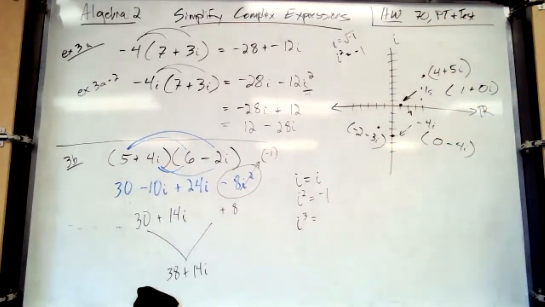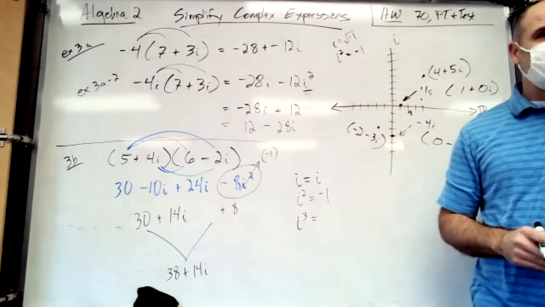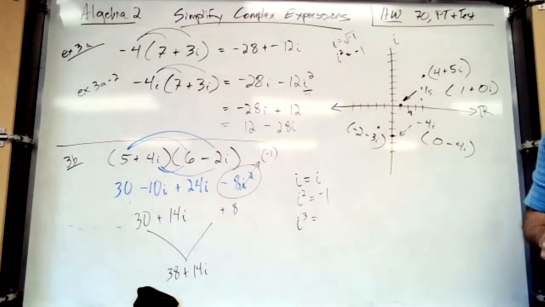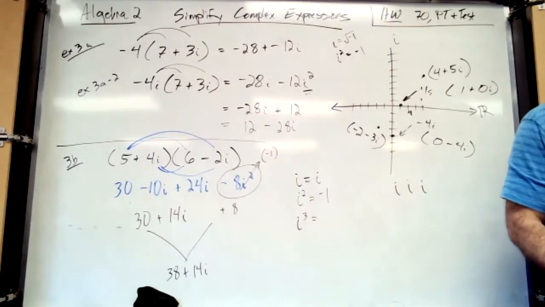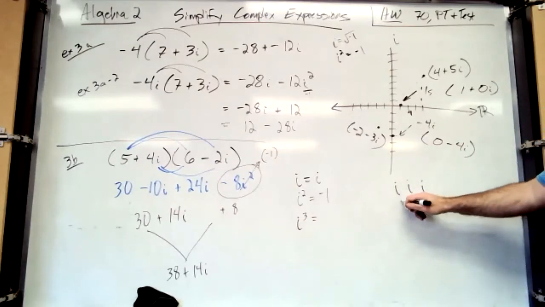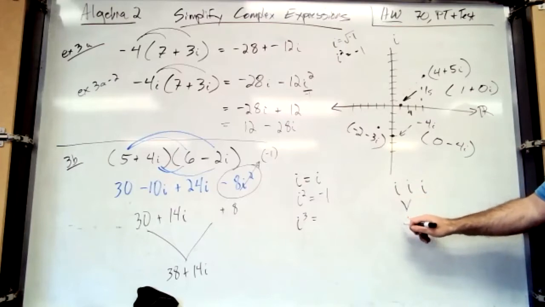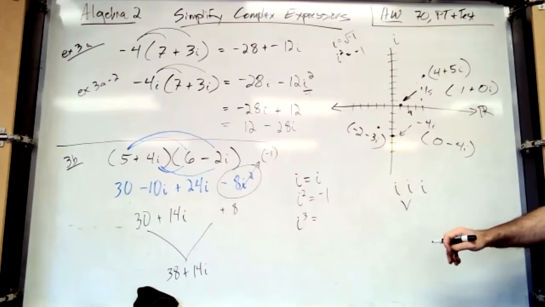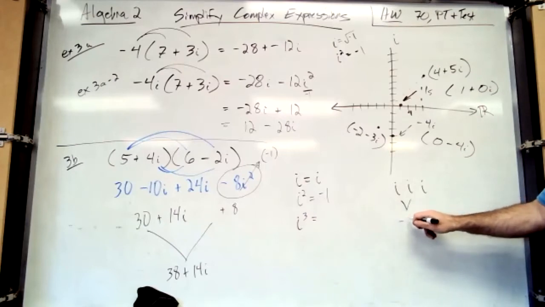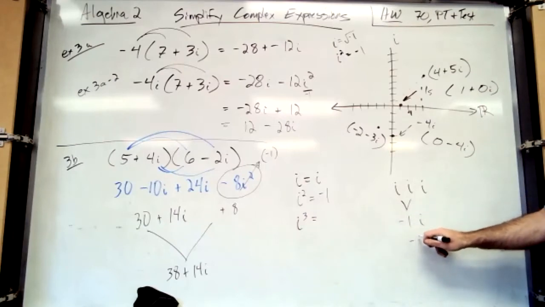Because this is i times i times i. i squared is -1, and you have one i left over, which is just -i.